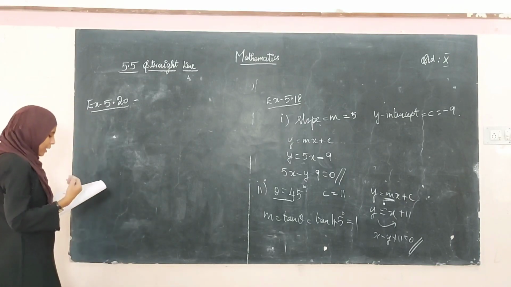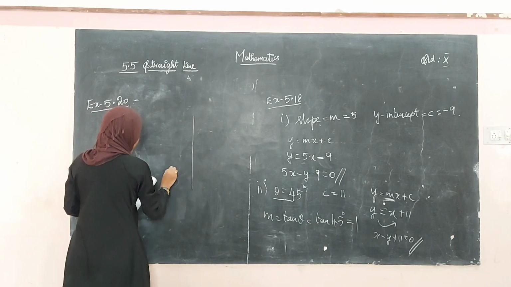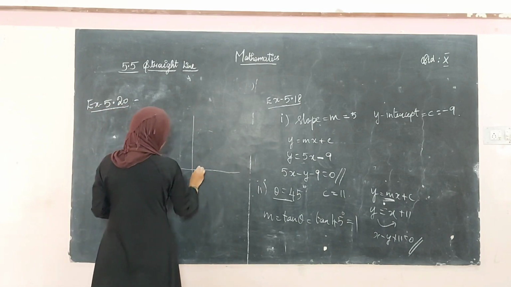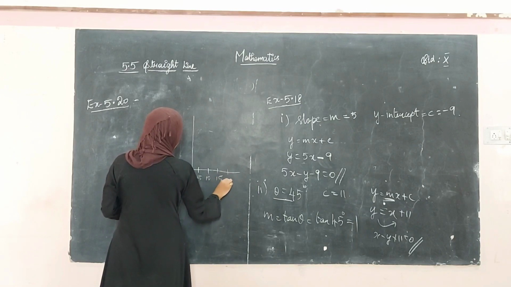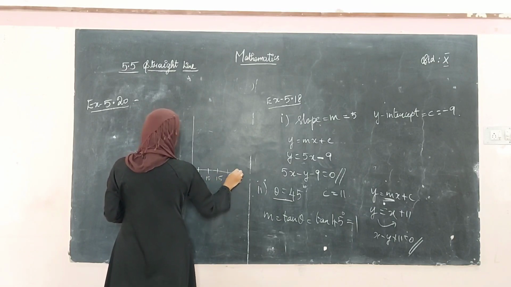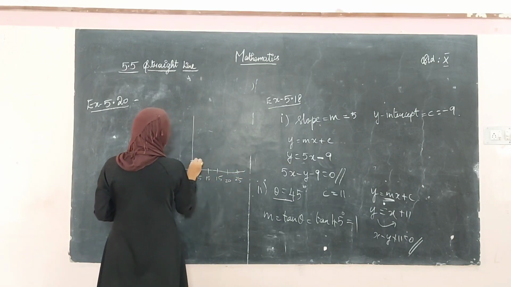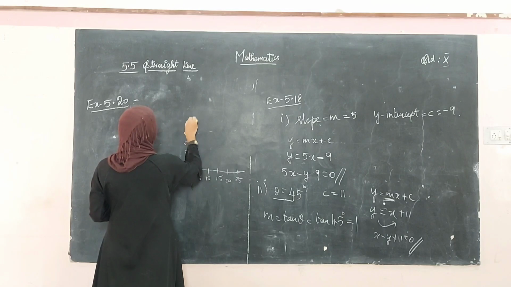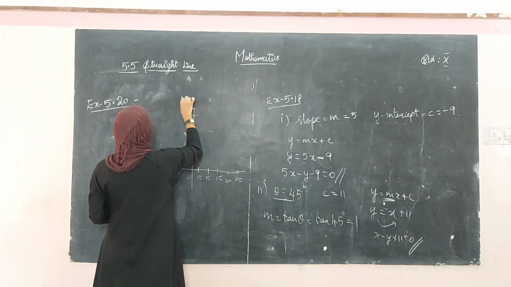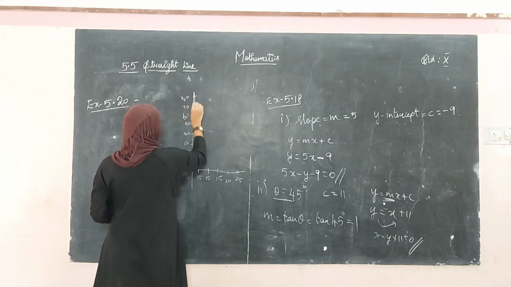So they have given the graph. The graph is like this: 5, 10, 15, 20, 25. It is going on like this, and here it is 10, 20, 30, 40, 50, 60, 70, 80.